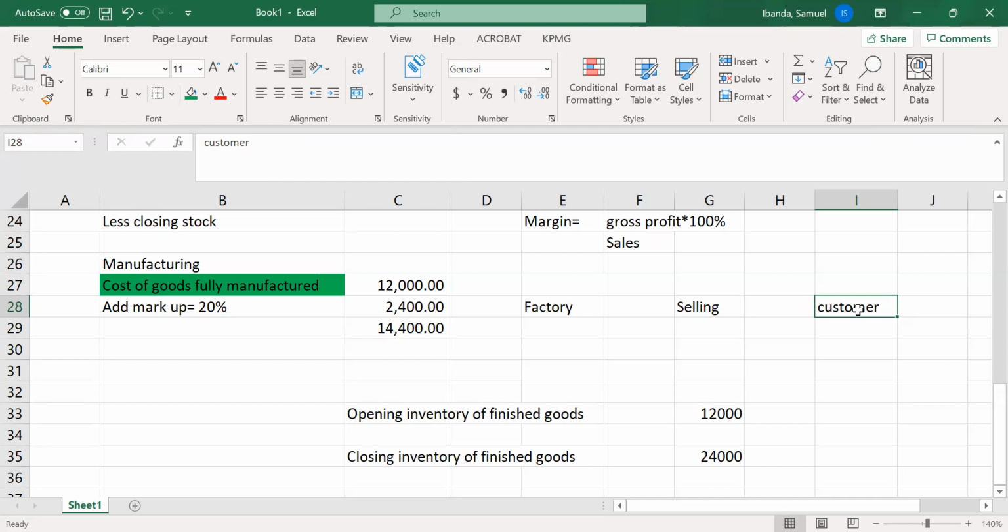Now, one of the things you need to understand is, if the provision for unrealized profit on closing stock exceeds the provision on opening stock, then we shall debit our P&L, which is usually our trading account.